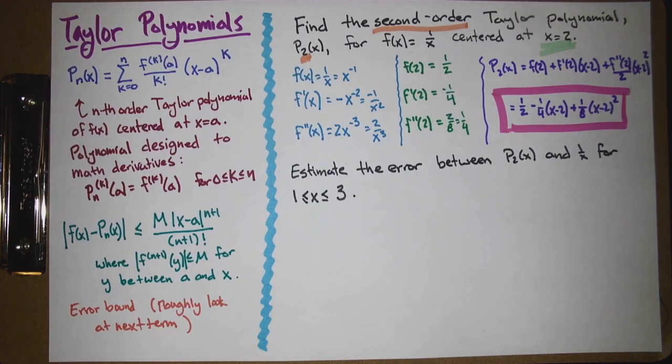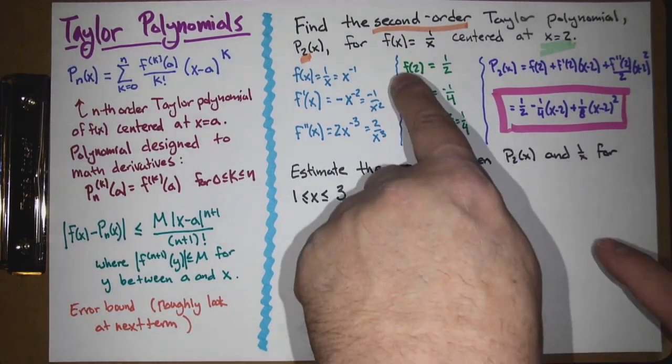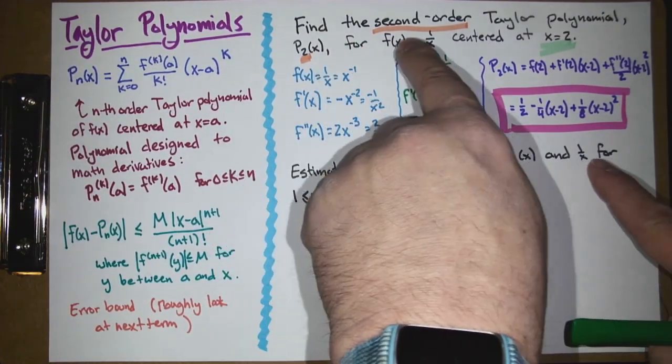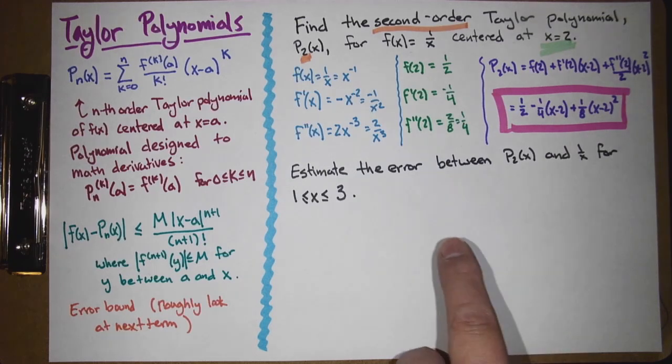Second part now. Now it says, estimate the error between P2 of x and 1 over x. So in other words, we have P2 of x, which is trying to approximate f of x. And we're told we're going to go between 1 and 3. So if I want to understand the error, what should I be looking at?